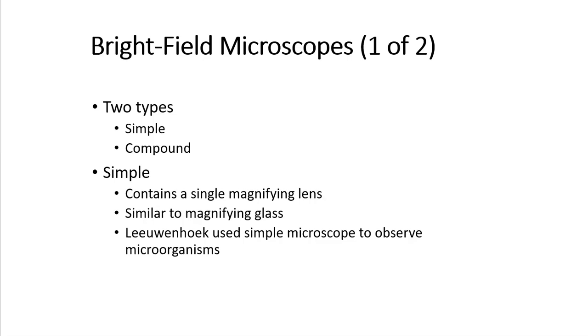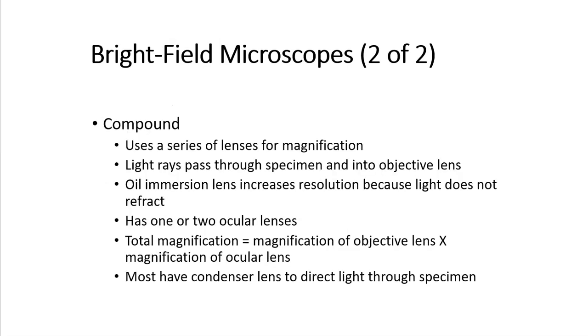We need more magnification. So the standard microscope that we use is a bright field compound microscope, and it uses a series of lenses for magnification. The light rays pass through the specimen and into the objective lens, because the light is going to come up from the bottom through that specimen and into the lenses.